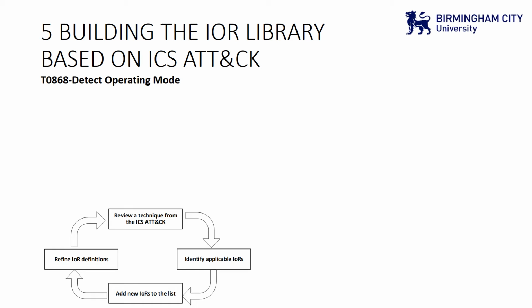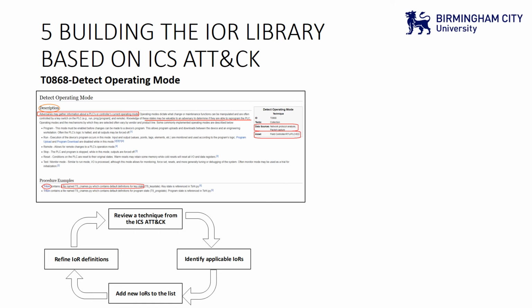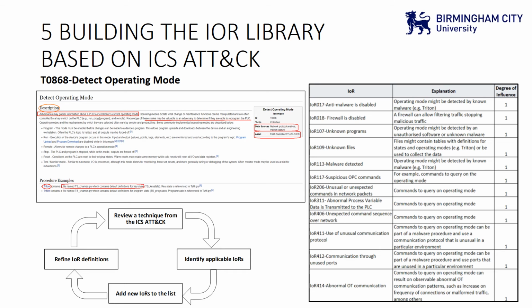For example, technique 868, detect operating mode. This is the entry that is available in the TAC knowledge base, in which you have a description, data sources, assets, also procedure examples, in this case Triton. And also you can read further on the procedures that use this technique and how they work. So from this, we have this list of indicators of risk.